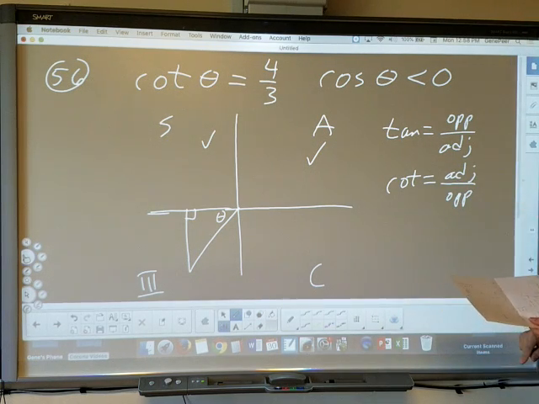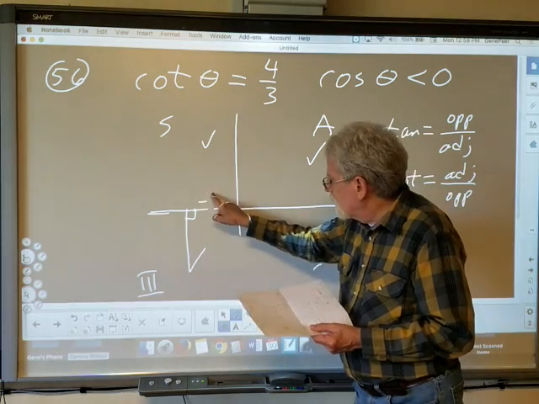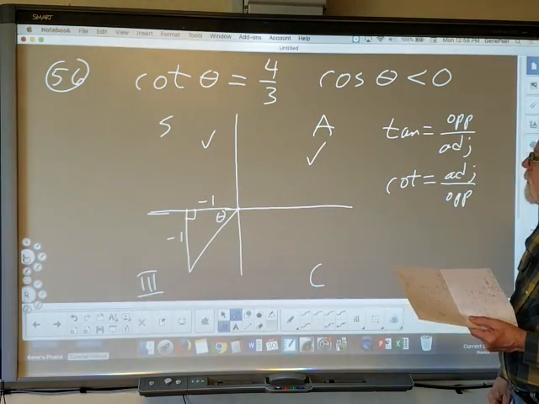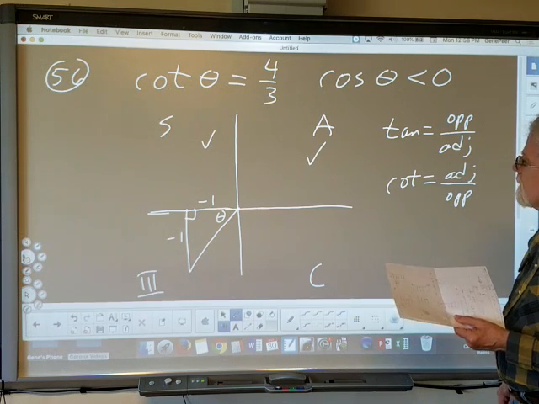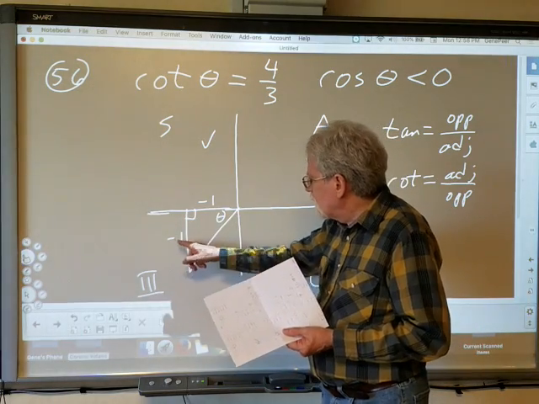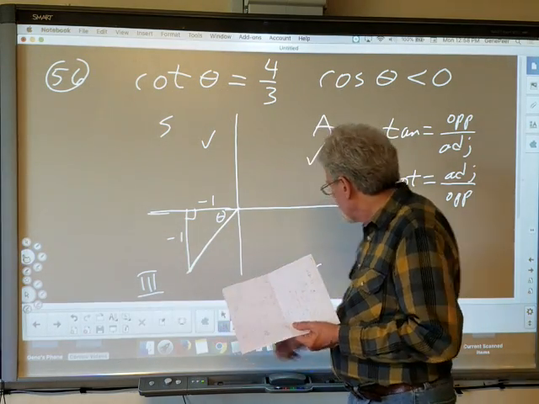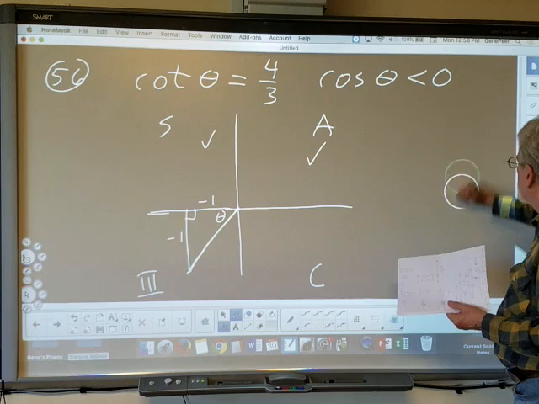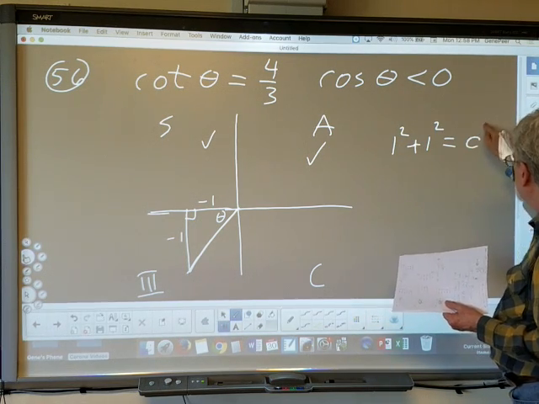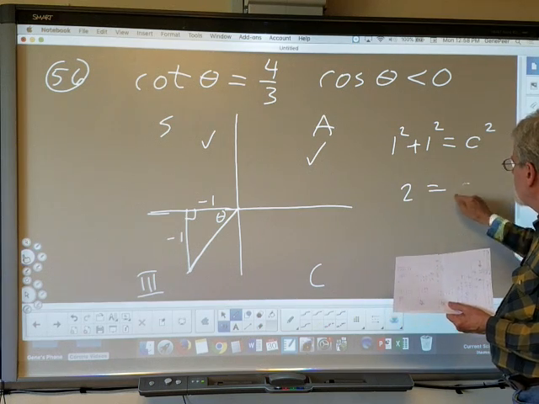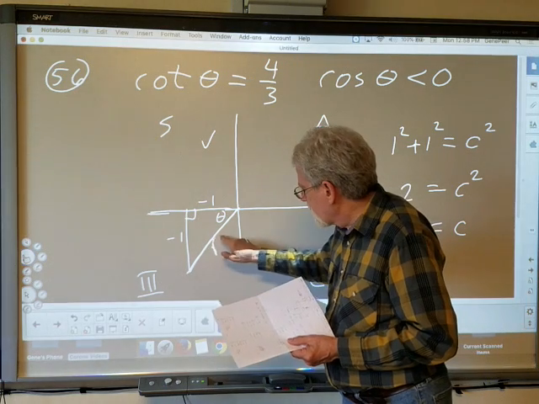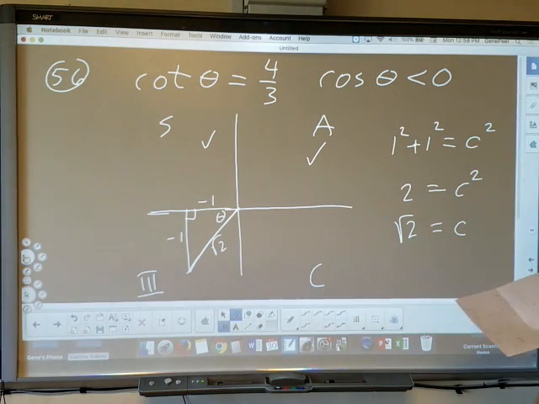They are reciprocals. So I want the adjacent, which is negative 1, over the opposite, which is also negative 1. So cotangent of 4/3, the others from there. If this is negative 1 and that's negative 1, what's the hypotenuse? To figure that out, Pythagorean theorem quickly. If we've got 1 squared plus 1 squared equals c squared, that's going to be 2 equals c squared, so c must be the square root of 2. You might remember that from geometry. And given that, you can find everything else.